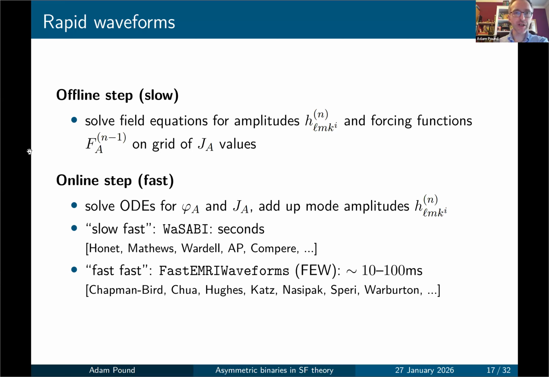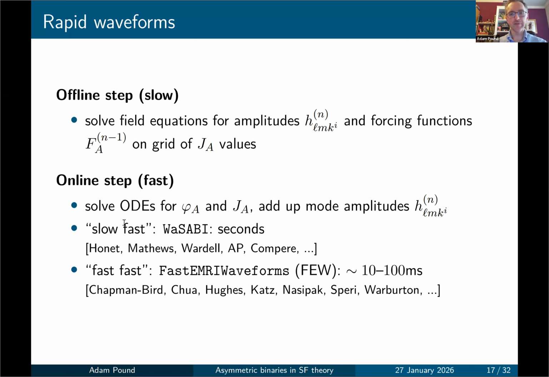Then for the actual waveform generation, all you need to do is solve those very simple ODEs in time for the phases and for the evolving parameters. And then you just add up the mode amplitudes, and there's your waveform as a function of time. That can be done very, very quickly.